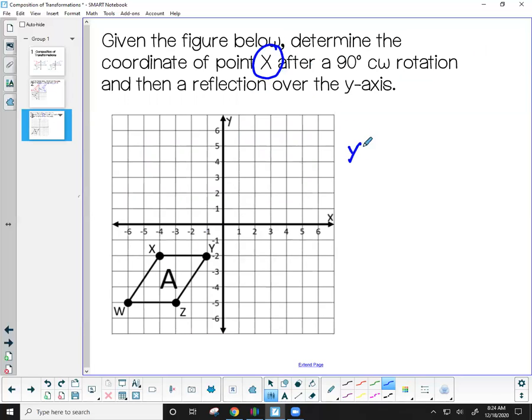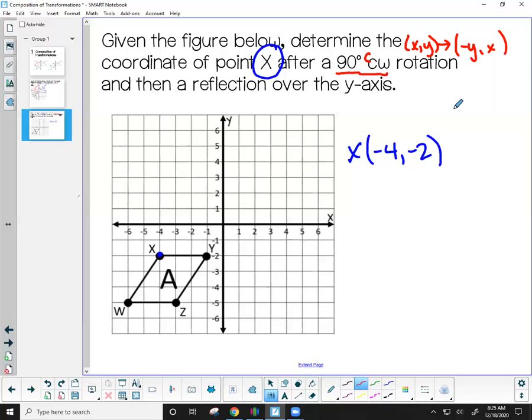So right now, point X is located at (-4, -2). That's where it is on the graph right now. We're going to do our 2 transformations. We want a 90 degrees counterclockwise rotation. We know that the 90 degrees counterclockwise rotation maps (x, y) to (-y, x).